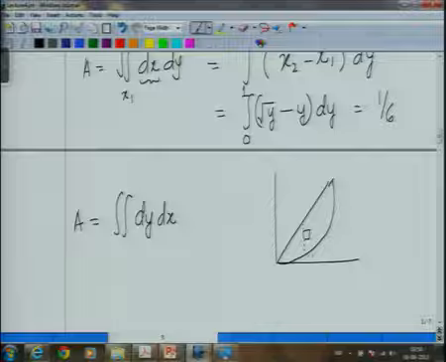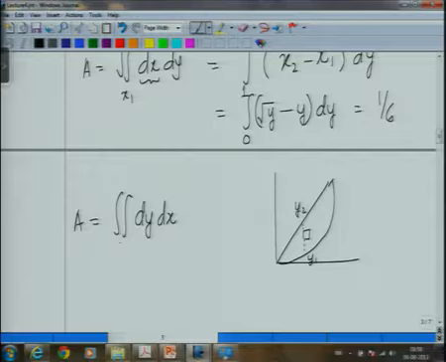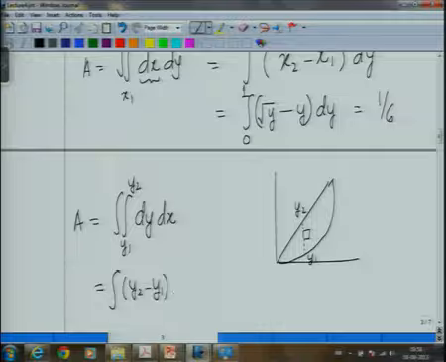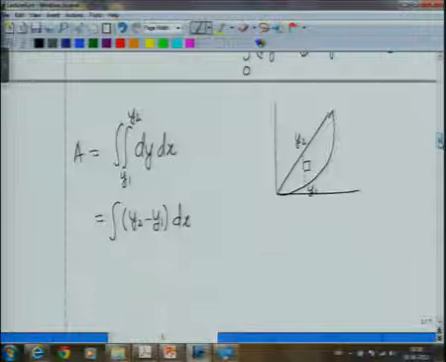Now, y will go for a general step from y1 to y2. So, if I integrate with respect to y, what I will get here is integral of y2 minus y1 dx. Now, what is y2, what is y1?